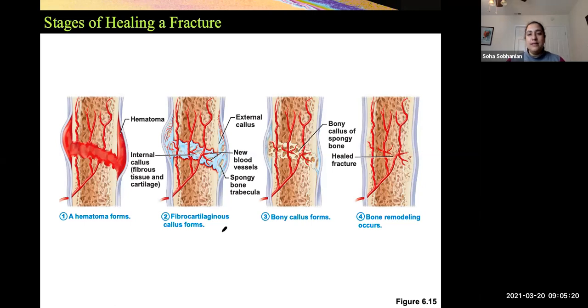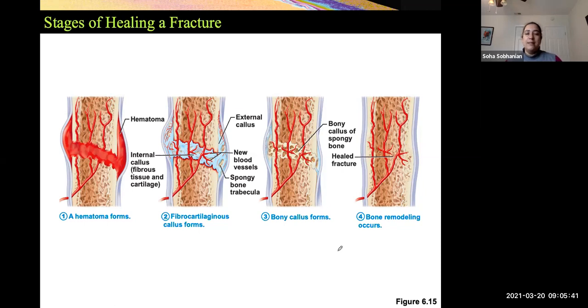Now, fibrocartilaginous tissue, as it grows, becomes a bony callus, which you can see again, that transition is taking place. And then at the end, we have what we call bone remodeling. So basically make sure everything looks nice and neat and your bone is fully recovered.